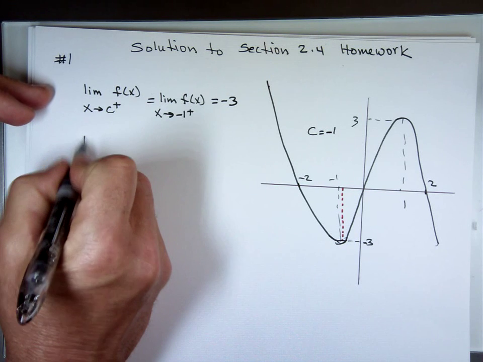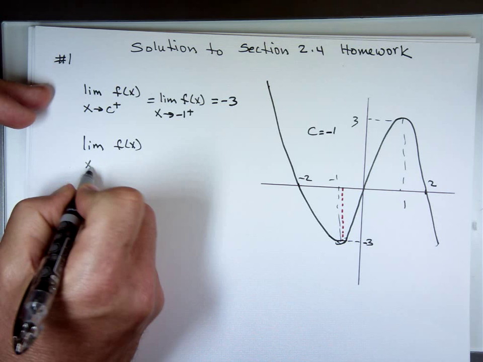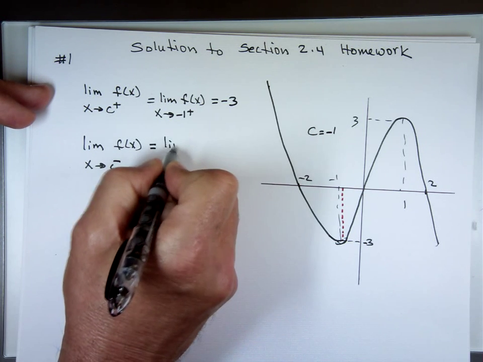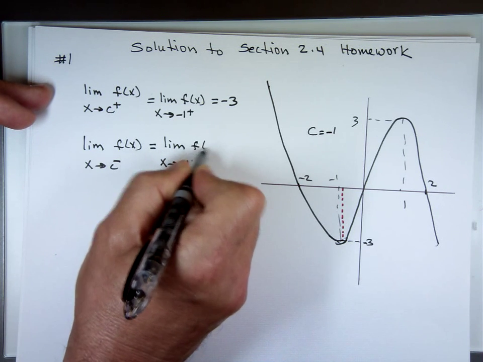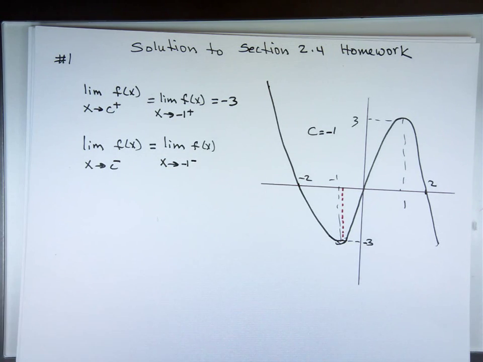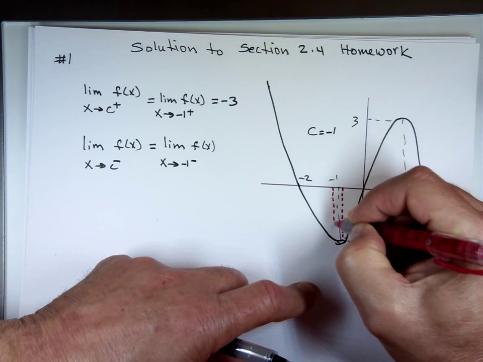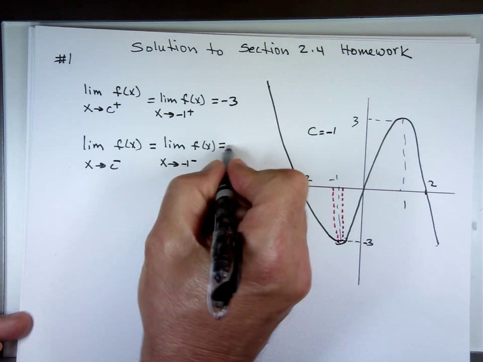What's the limit, the second part, of f of x as x approaches c from the left side? Again, we're talking about -1 here. From the left side, that's before you get to -1, right here. What's the y value there? Doesn't that look like -3?